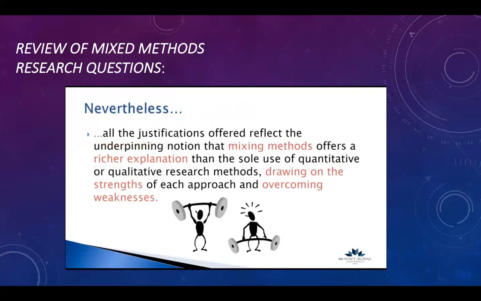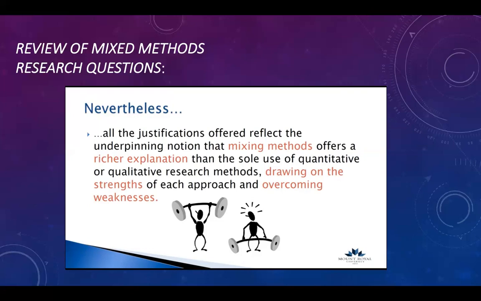In summary, in relation to those five rationales for using mixed methods, the important thing to think about is all the justifications offered really point to this underlying notion that mixed methods can offer a richer explanation than just the sole use of quantitative or qualitative research methods, drawing on the strengths of each approach and overcoming the weaknesses of each approach.